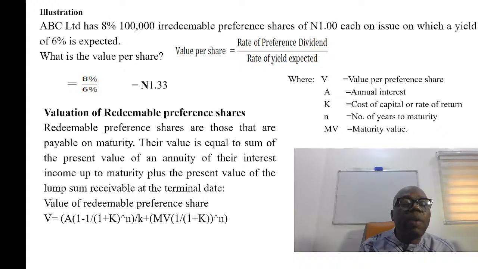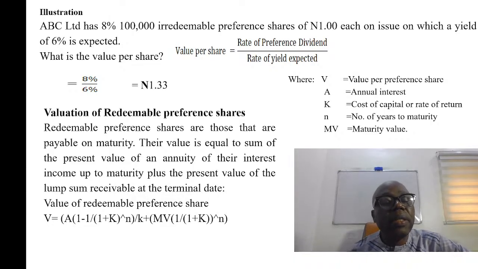Value of redeemable preference share is V equal to A into 1 minus 1 over 1 plus K raised to power N divided by K, plus NV into 1 divided by 1 plus K raised to power N.